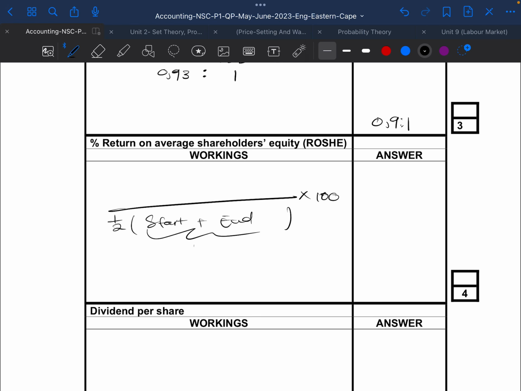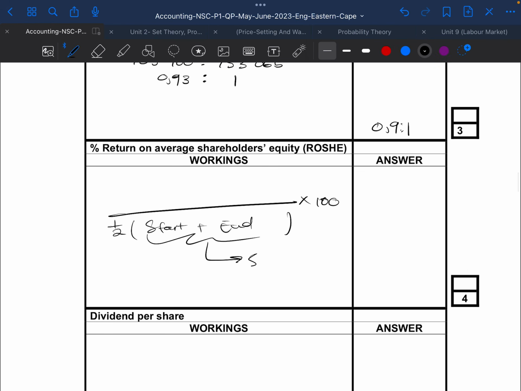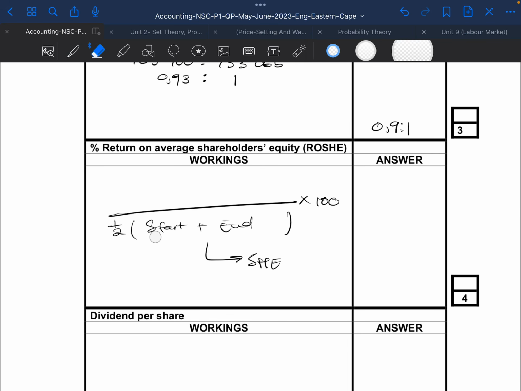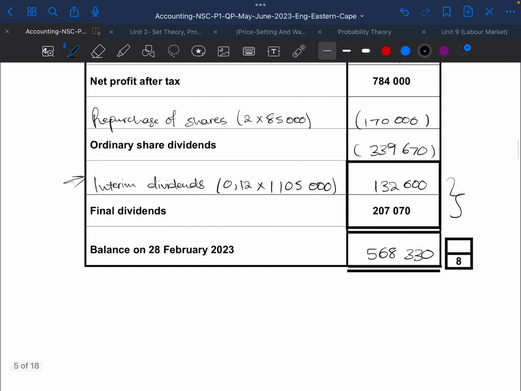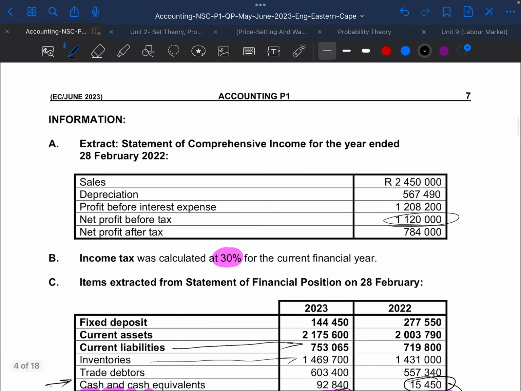Here we're going to use our shareholders equity, and here we're going to use our net profit after tax. It's really important to remember the formula so that you don't flop and lose petty marks just for simple things. So we're going to look for our net profit after tax.